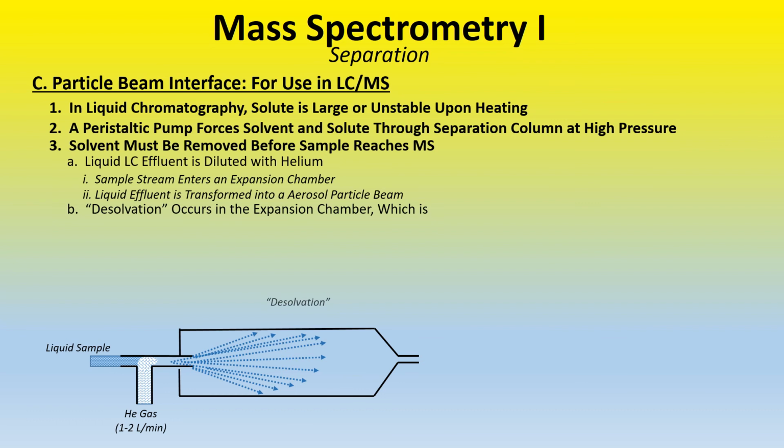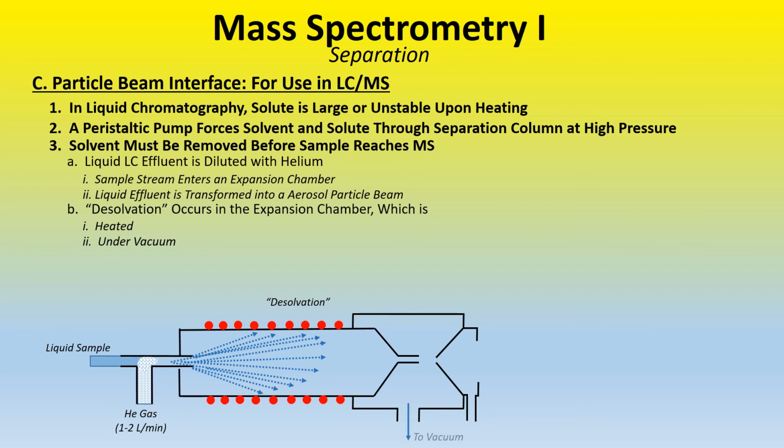Desolvation largely occurs within this expansion chamber, because first of all, the chamber is heated, and the solvent usually boils at a lower temperature, and it is also under vacuum. So after the expansion chamber, most of the solvent is gone.